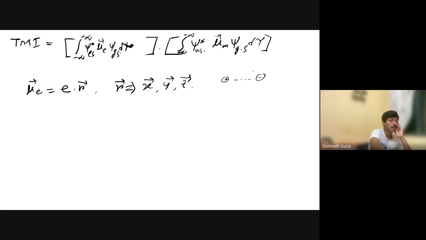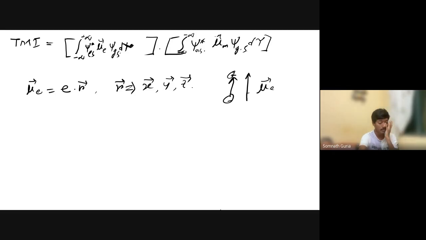This will form a line, let's suppose we are thinking about the z direction. We should write it one more time. So we have the positive charge, we have the negative charge, and the direction of our dipole moment will be like this. This is the mu e.